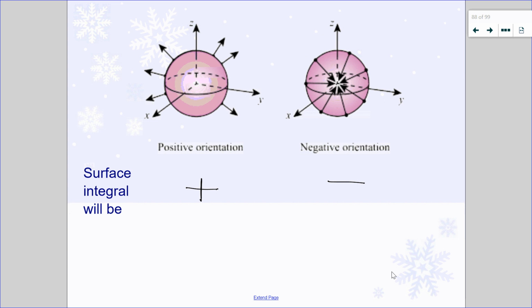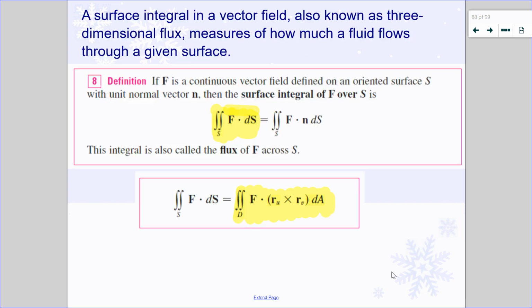The reason you can do this is that this particular calculation is going to be positive or negative depending on what you chose to put first in this cross product, because r_u cross r_v equals the opposite of r_v cross r_u.